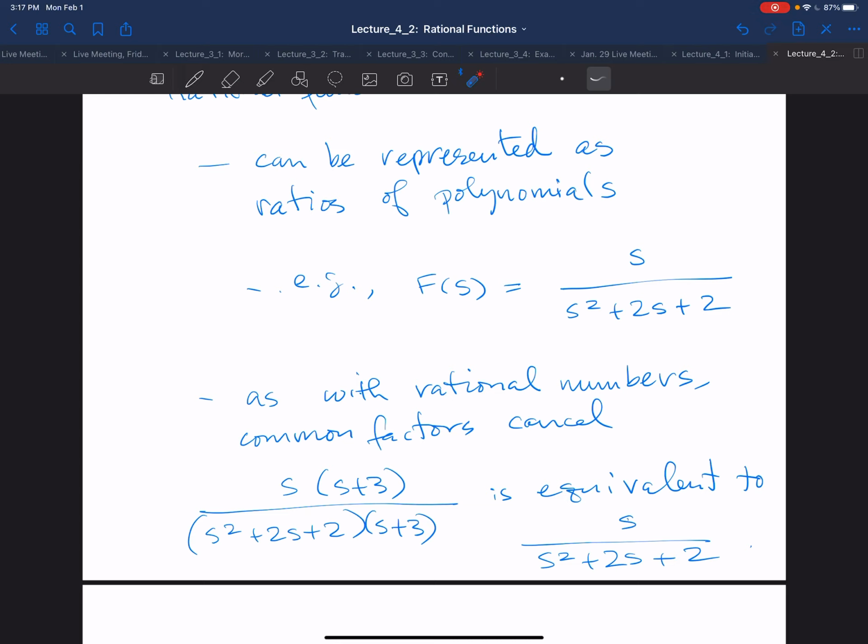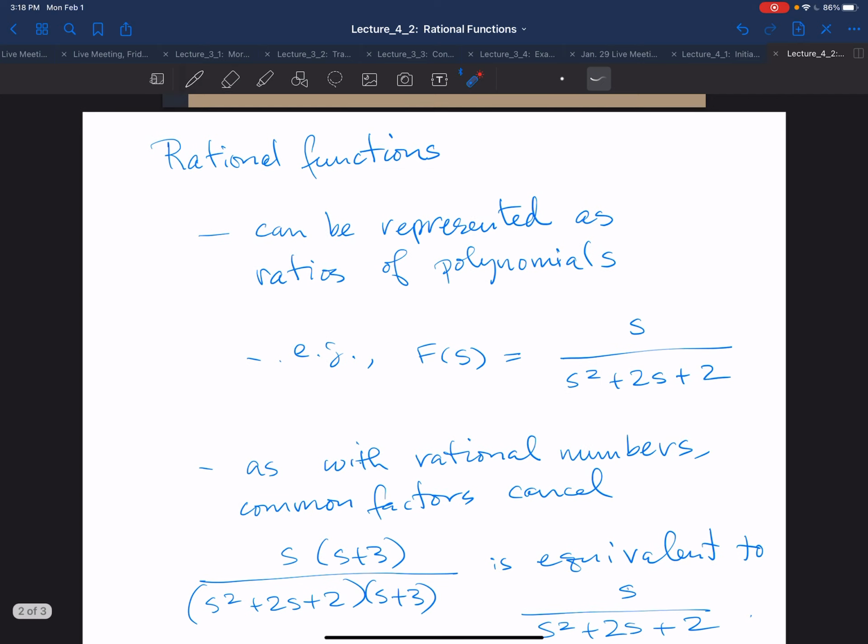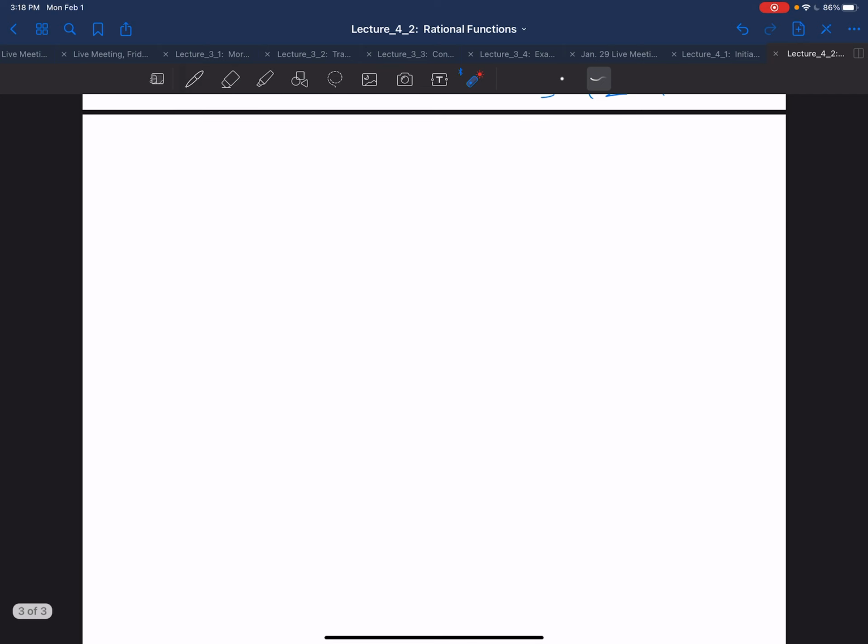So for every polynomial p of s, 1 over p of s is a rational function. So by going from the polynomials in s to the rational functions of s, you give every element of the polynomials a multiplicative inverse, and that extends the set of polynomials into what we call a field. So algebraically you can think of it that way.